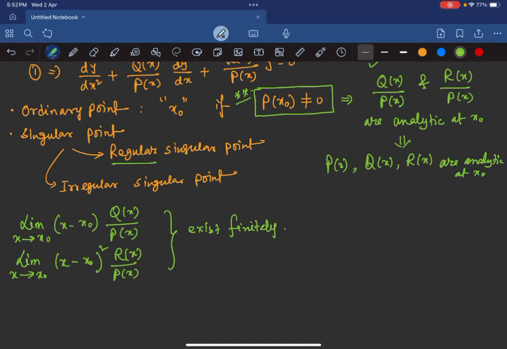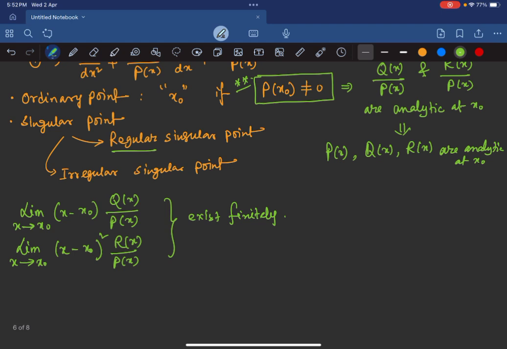Exist finitely means if you find the limit, you will get some finite value. That's the idea; then you have a regular singular point.